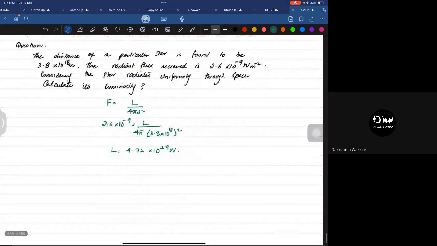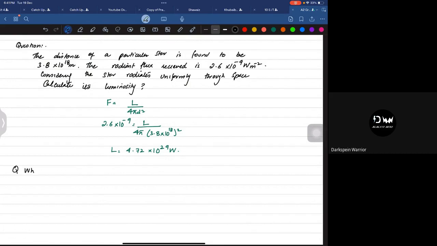Now, there's something very important, and we tend to use this to find distances of different stars, and that is known as standard candles. What is a standard candle? I'll explain that to you in a bit.